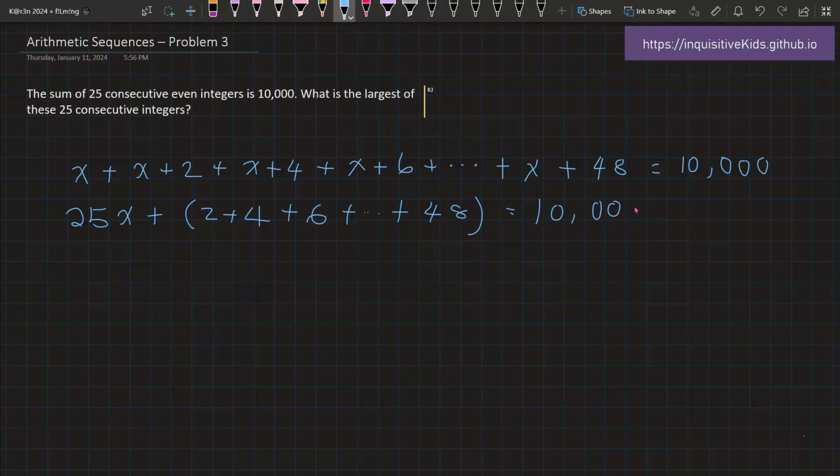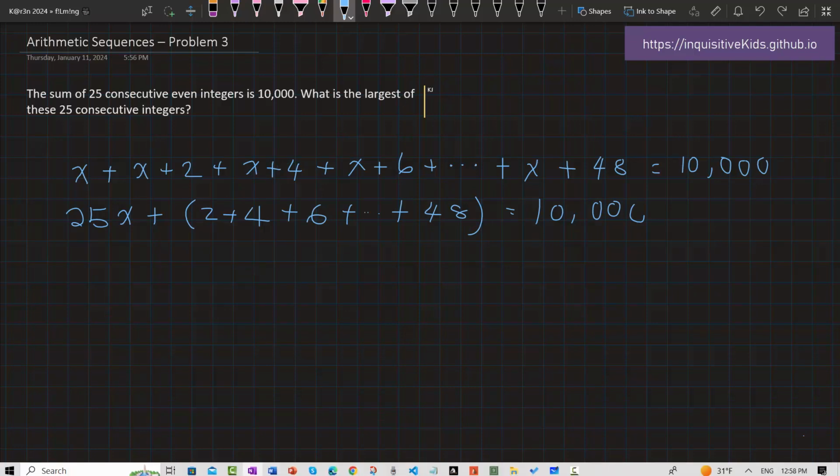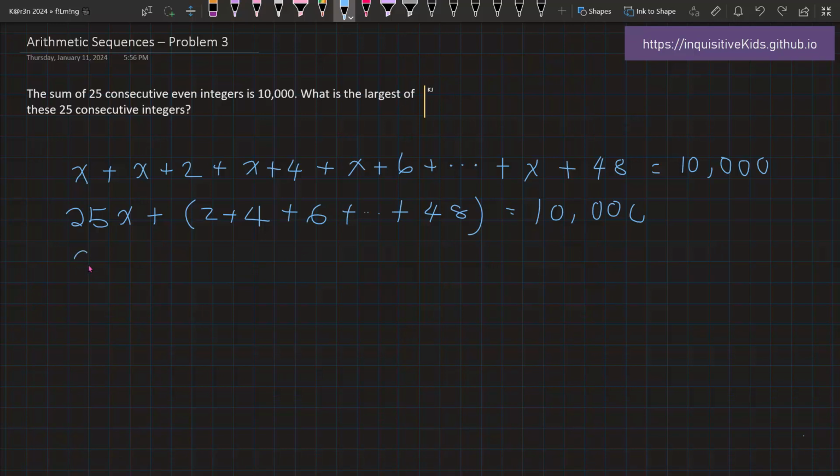Now, how can we solve this? How can we combine these constant terms? Well, this is kind of hard to work with right now, but what if we use the distributive property and factored out a 2? So this would become 2 times 1 plus 2 plus 3 all the way to 24.